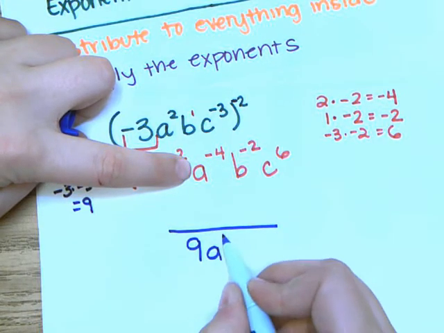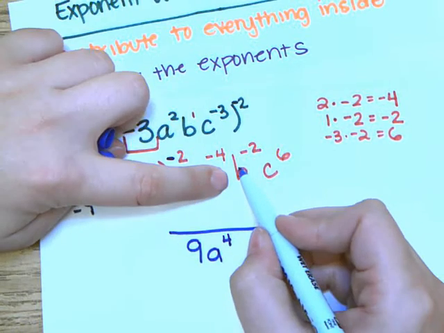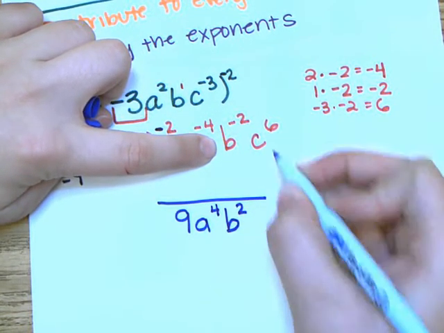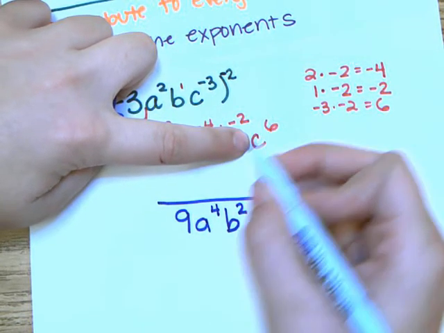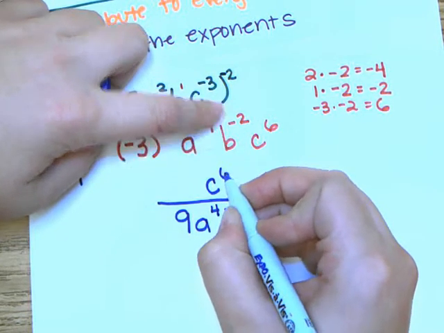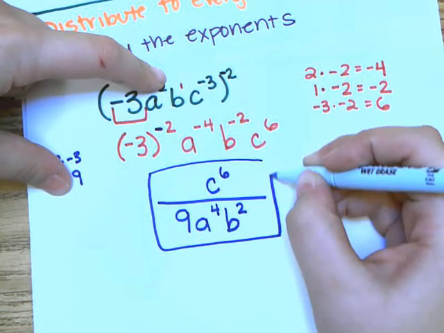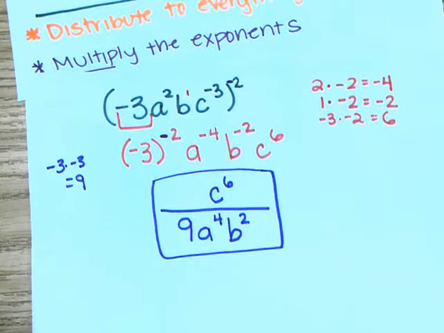Then a has a negative exponent, so we're going to move that to the denominator and get rid of the negative. And then b has a negative exponent, so we're going to move that to the denominator. But the c to the 6th power does not have a negative exponent here, so it's going to stay in the numerator on the top. And that is our final answer.